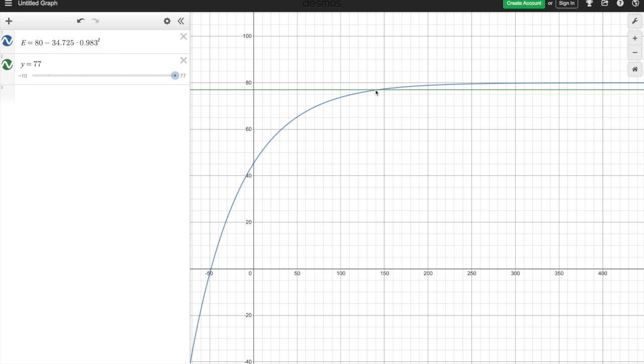And now to answer the question, we just have to see where the two graphs intersect. And we can see the number 142.822 is our answer. And well, this should be a year, and it's years since 1900, so this would translate to 2042.822.